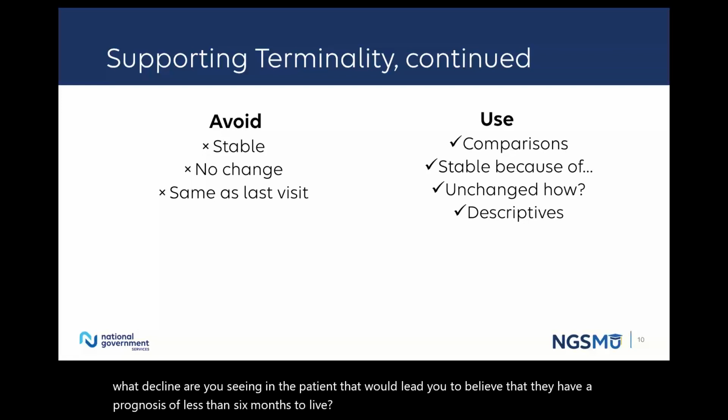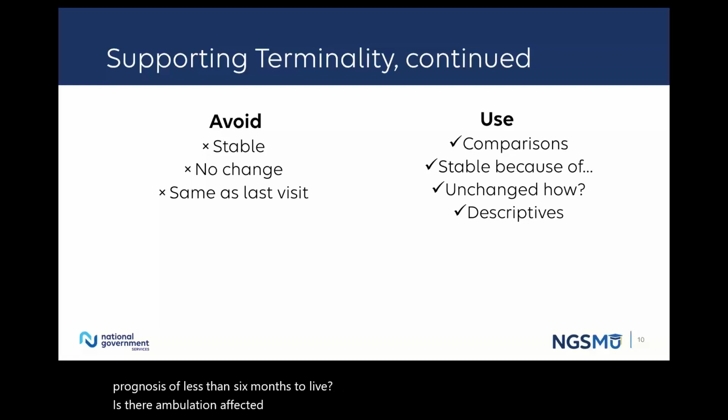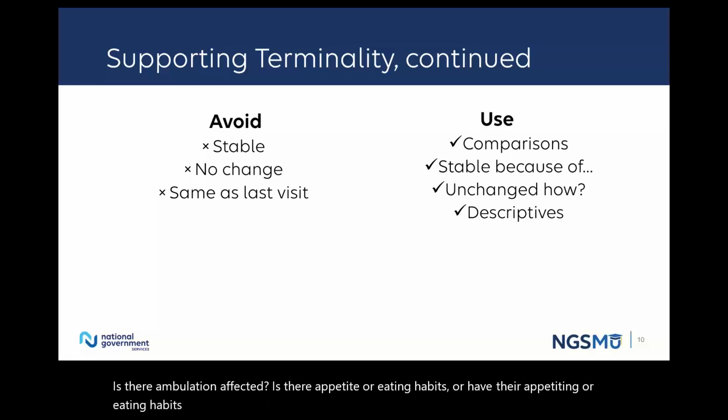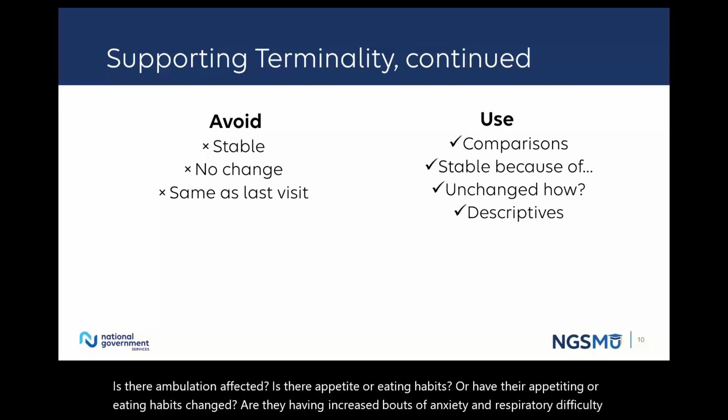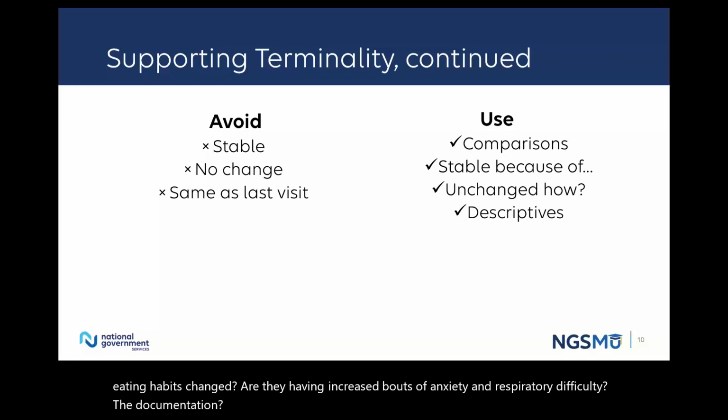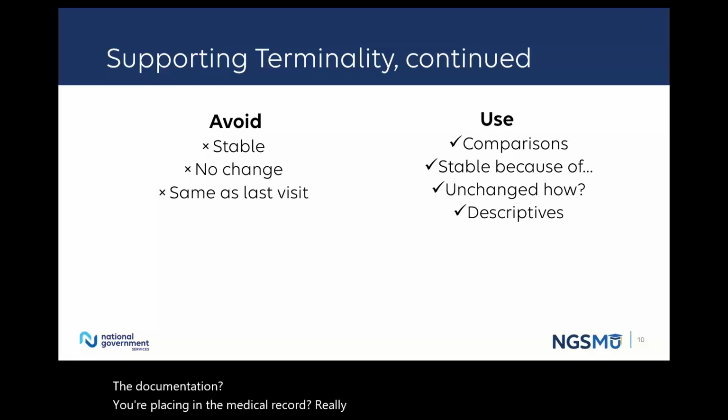Is their ambulation affected? Have their appetite or eating habits changed? Are they having increased bouts of anxiety and respiratory difficulty? The documentation you're placing in the medical record really needs to describe the decline you're seeing in the patient.